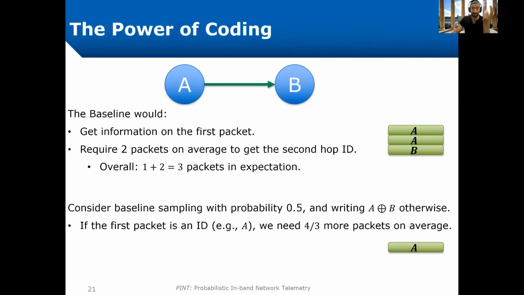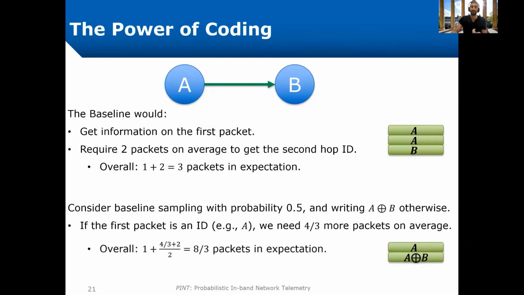And the reason for that is either we get B and we're done, or, which also happens with probability 50%, we would get the bitwise XOR of A and B. And in this case, we're also done because B equals the XOR of A and A XOR B, right? So on average, we would need only 4/3 of additional packets to figure out the second hop, and this reduces the number of packets overall.